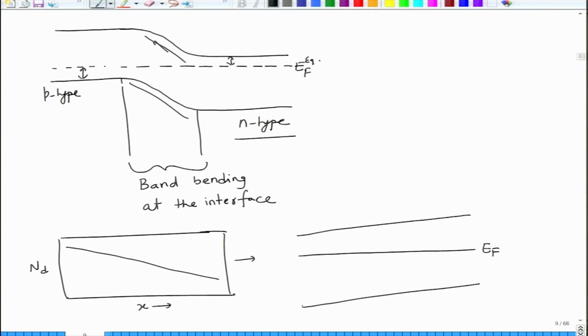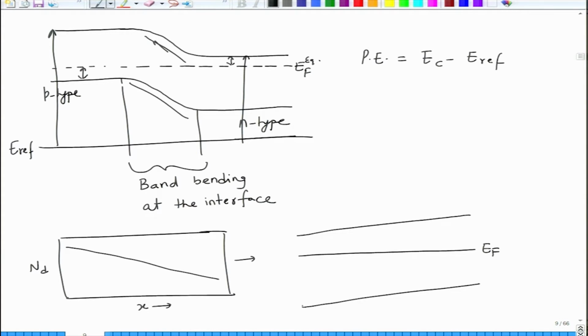So essentially in such a situation, if you have band bending, and you have a reference energy level, this E ref, then your potential energy is changing as a function of distance. The potential energy is something here and the potential energy is something here. So you can say that PE in this case is equal to EC minus E ref.